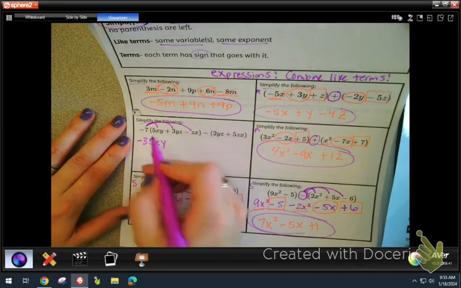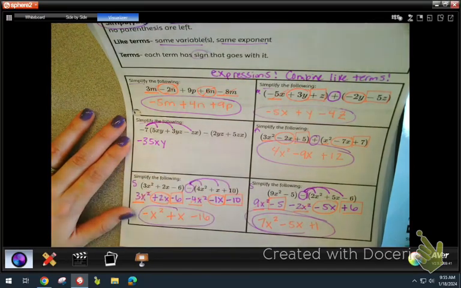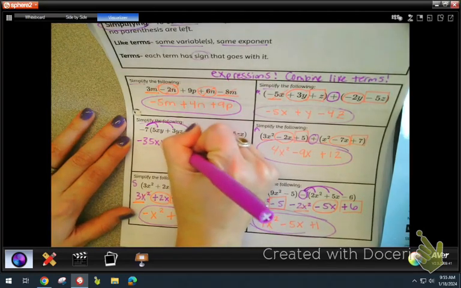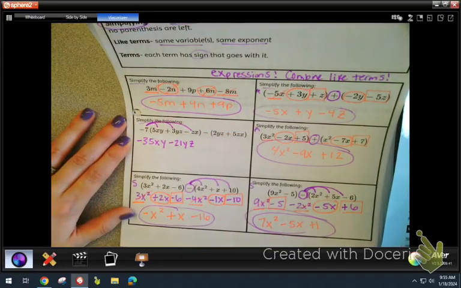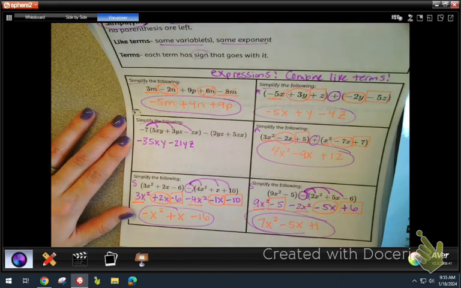Okay, Brayden. Negative 7 times positive 3, yz. Negative 21yz. Heidi.